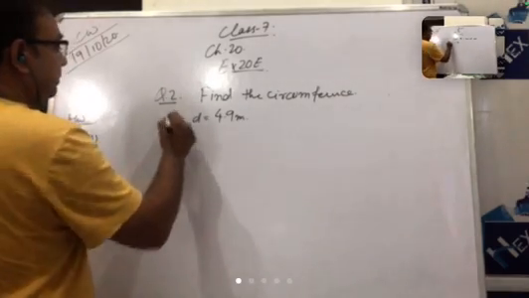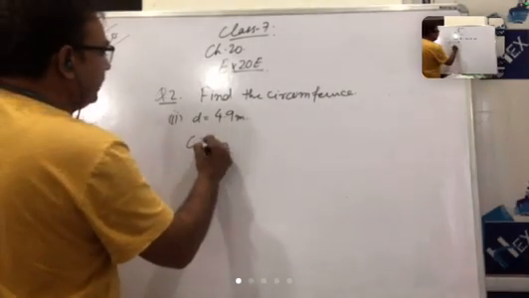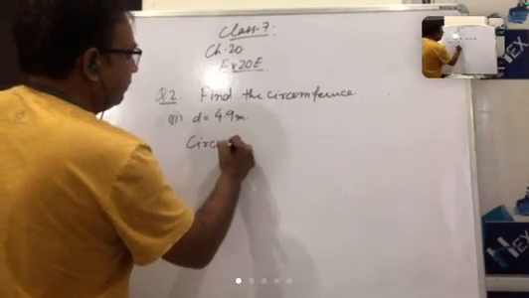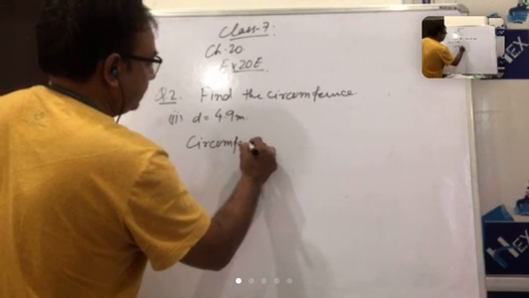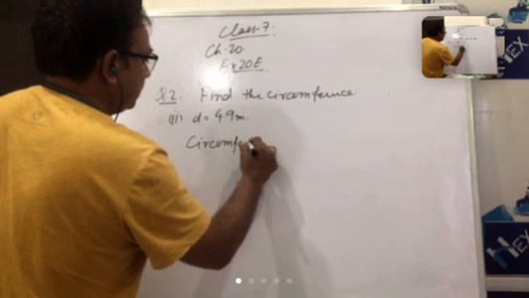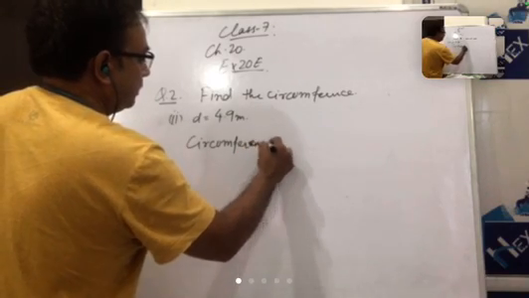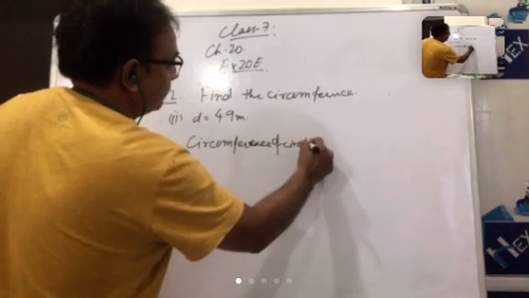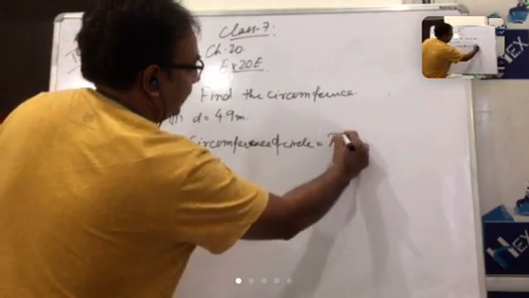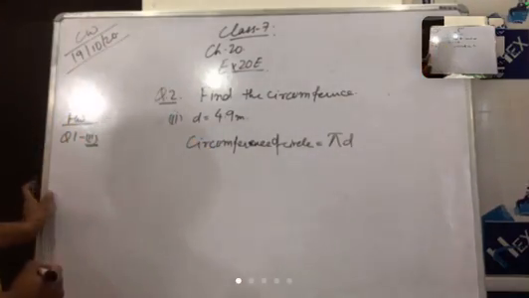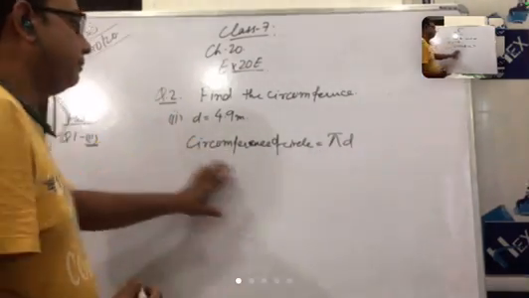Second part. So the circumference of circle is equal to pi d. When the diameter is given, then we can use pi d.